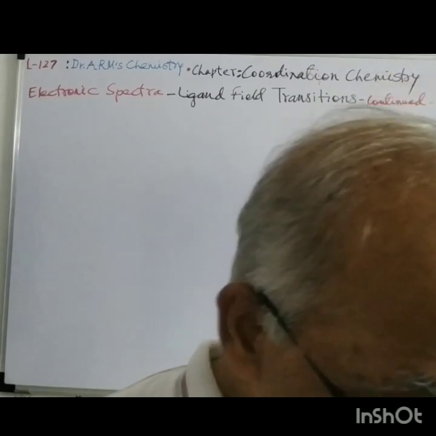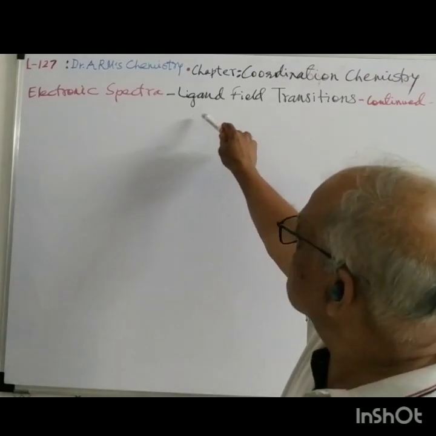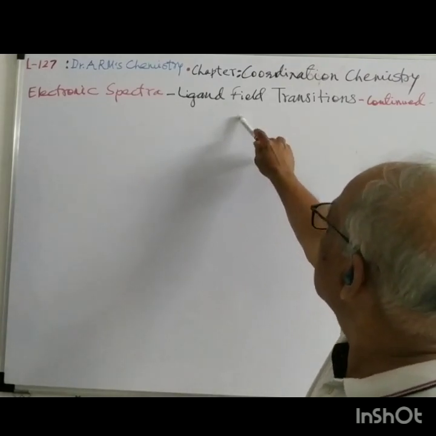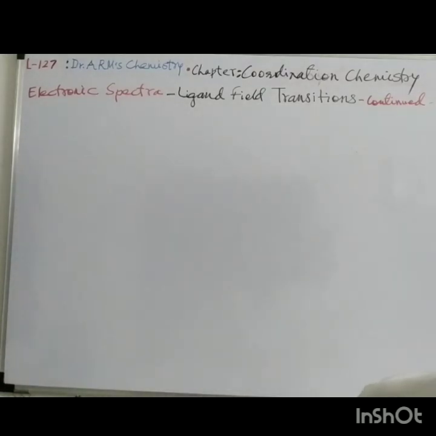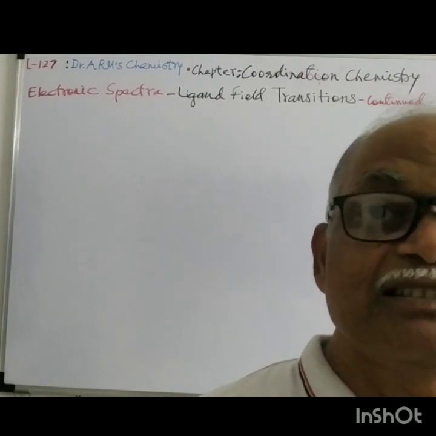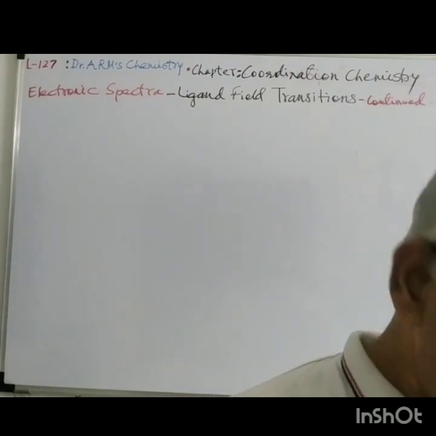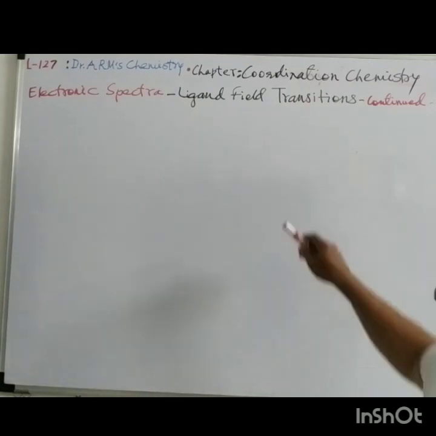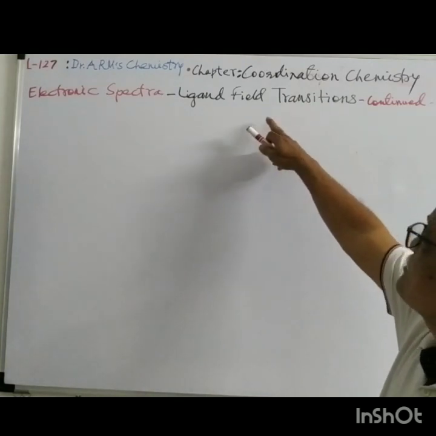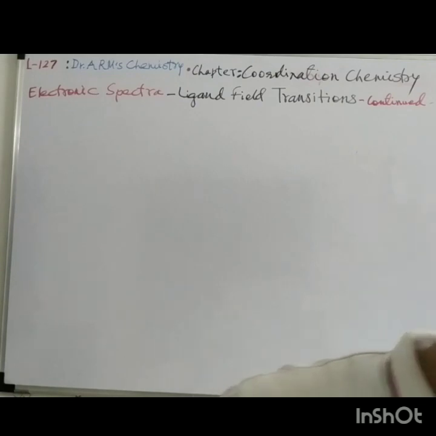Friends, we were discussing last time the electronic spectrum with respect to ligand-field transitions. This part is also continued in this lecture. In continuation, we will see the various spectroscopic terms and the transitions of electrons with respect to the ligands.